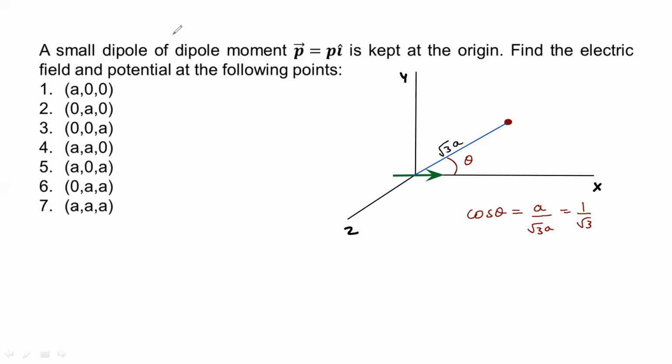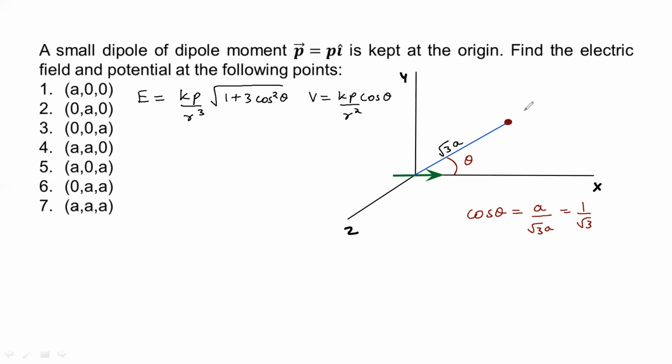So by the formula of E and V, what was E? E was kp by r cube times root of 1 plus 3 cos square theta. And V was kp by r square into cos theta. Right? So I need cos theta, so I don't have to change this to any other form.